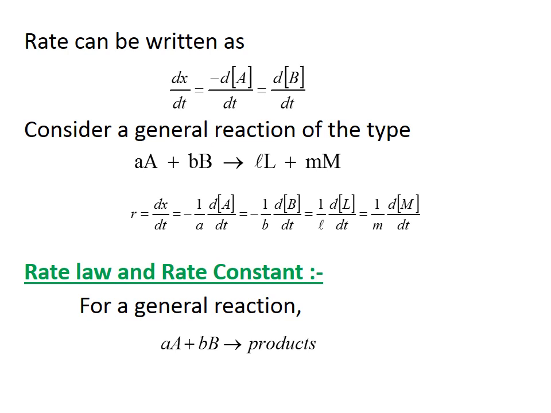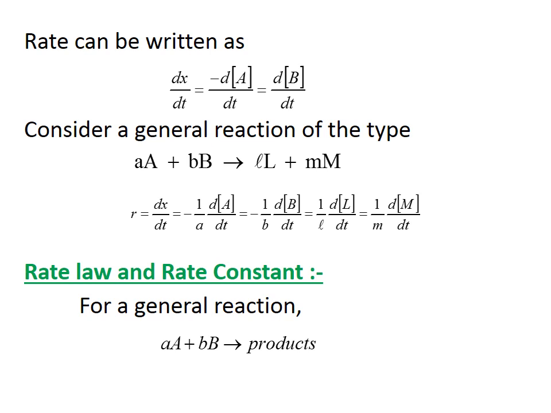Now we are going to write the rate of the reaction for a particular reaction. We already discussed A gives the product, where A is the reactant and B is the product. The rate can be written as dx by dt equal to minus dA by dt.